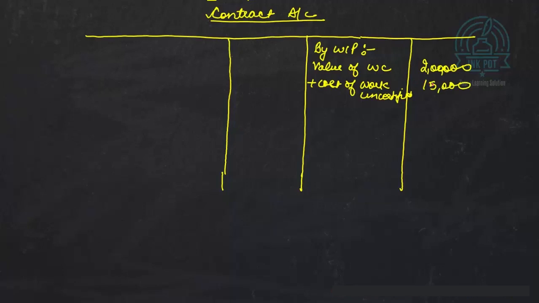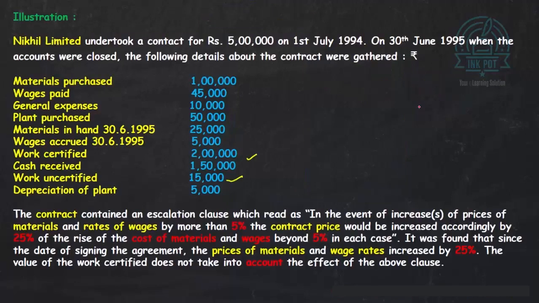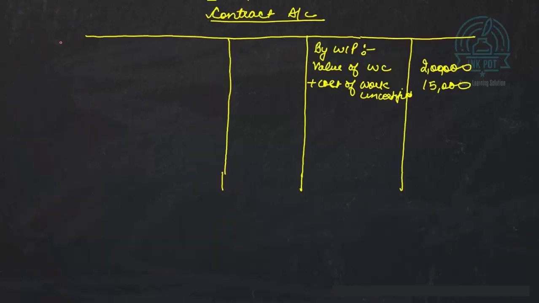Now we are going to write all the expenses. Material purchased is 1 lakh.